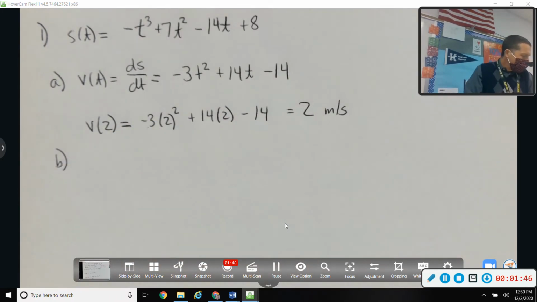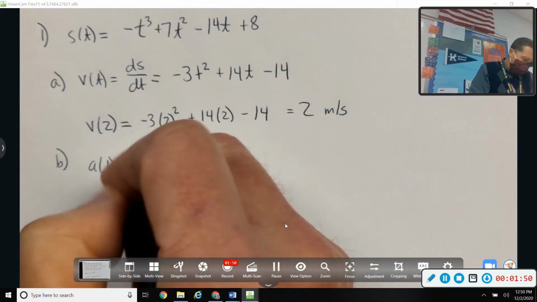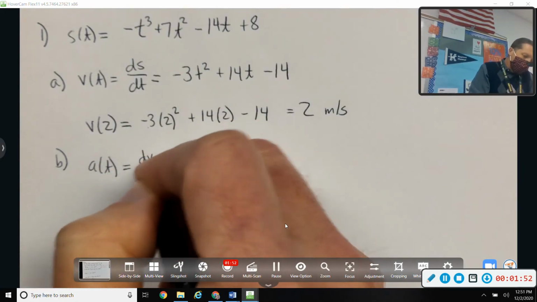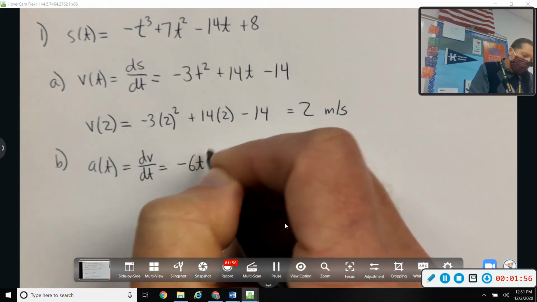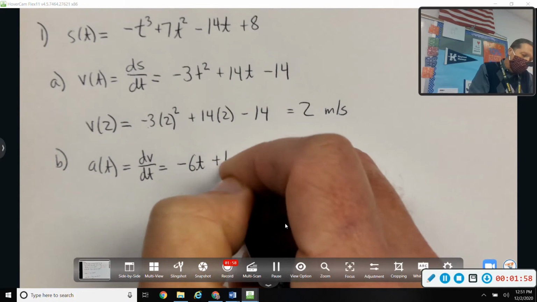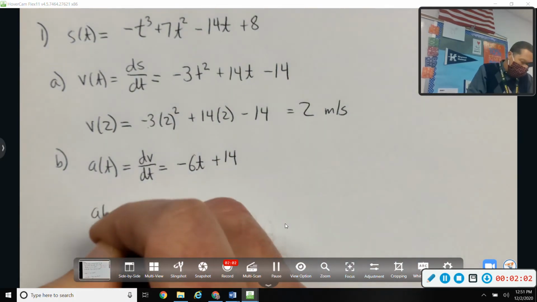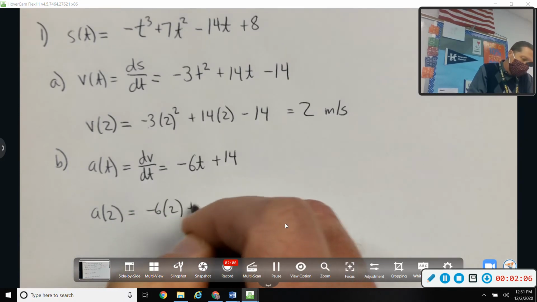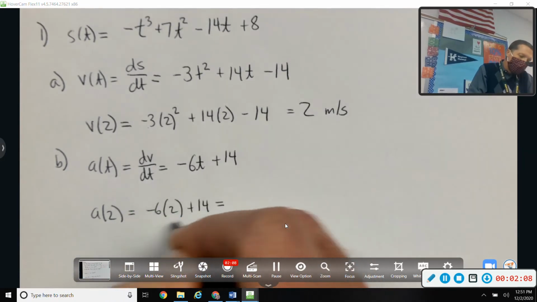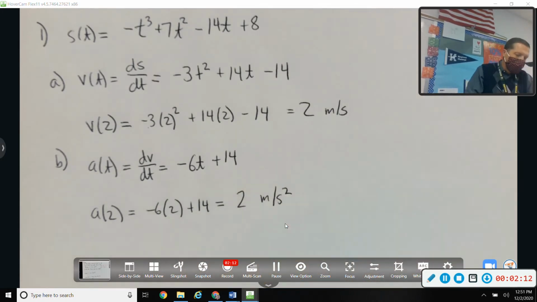Part B, find the acceleration of the particle. So acceleration is the derivative of velocity, negative 6t plus 14. And at 2 seconds, that would be negative 12 plus 14 is 2 meters per second squared.